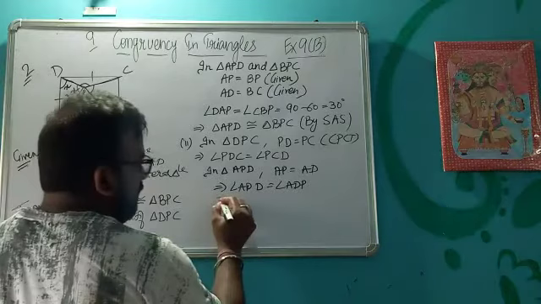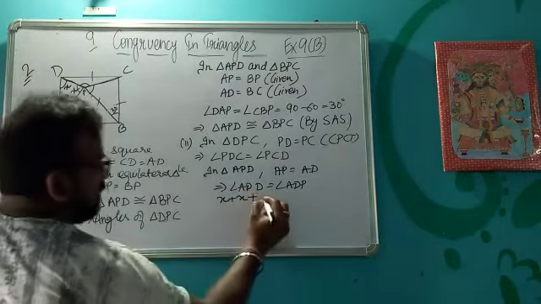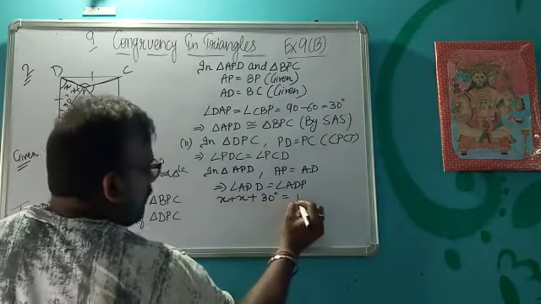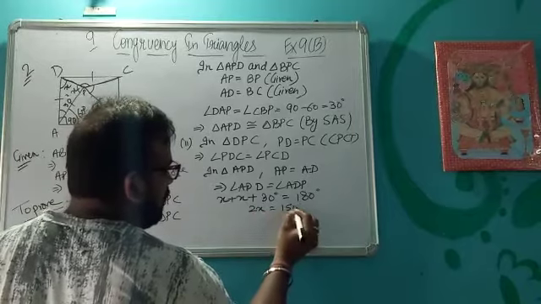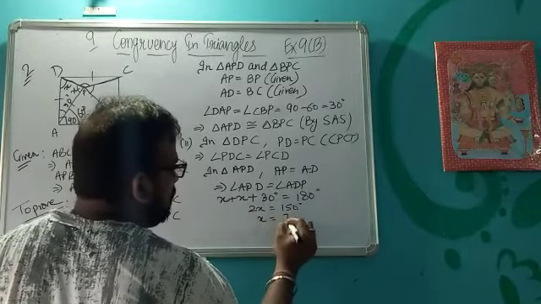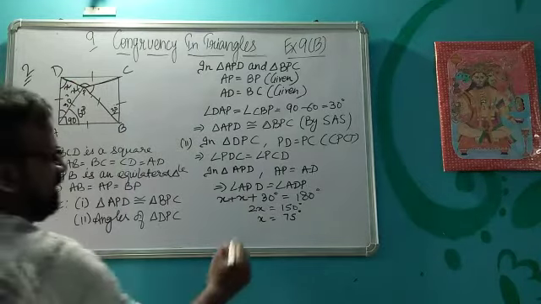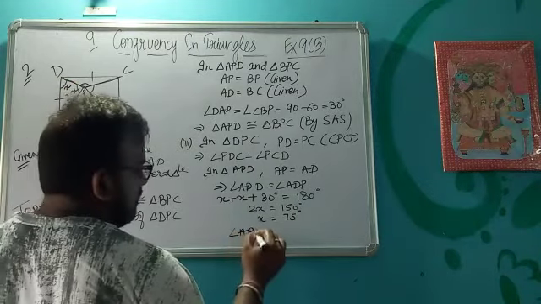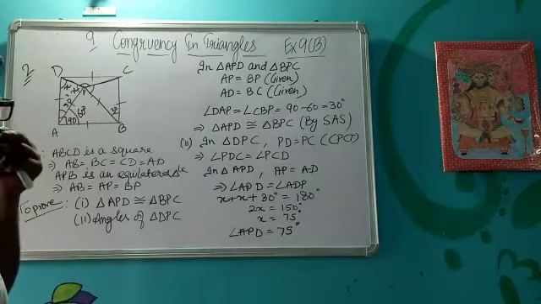So we can write x plus x plus this 30 degrees equal to 180 degrees. From here you will get 2x equal to 150 and x equal to 75 degrees. That means this angle is 75 degrees.